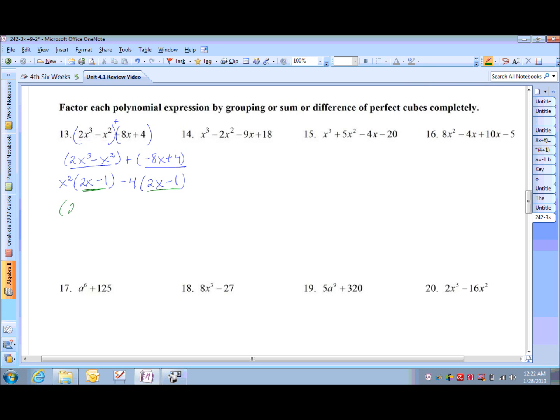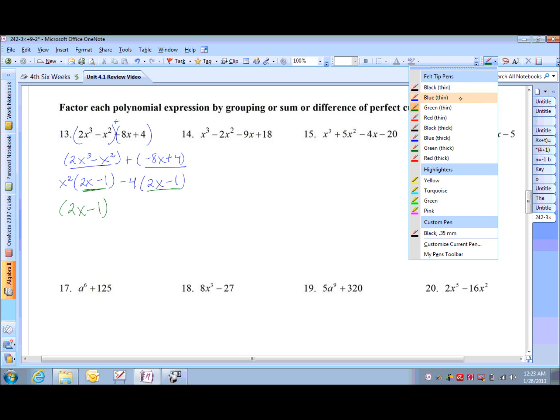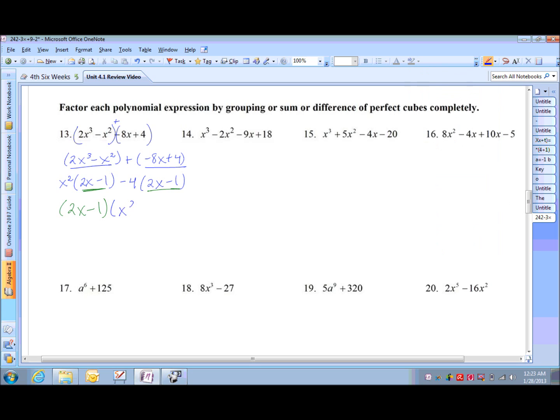So we can pull the 2x minus 1 out, and what we're left with is x squared minus 4. Because this is a difference of perfect squares, we can factor that also. So you're left with 2x minus 1 times x minus 2 times x plus 2. And that is the original problem completely factored.